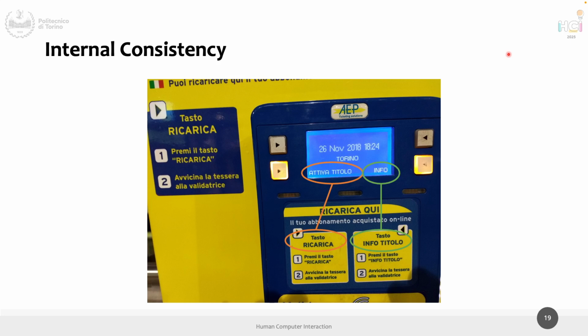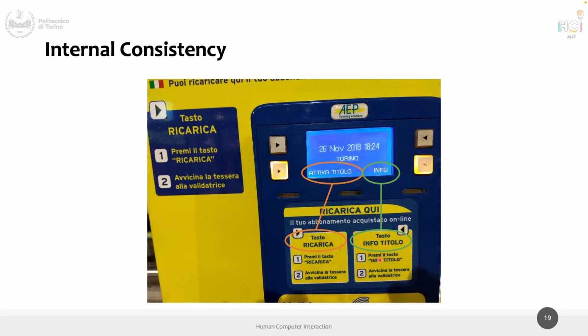Because there's written "attiva titolo" under that. Yes, the instruction says to look for the button that says "ricarica", and then press it, and then put the card close, but there is no "ricarica" button, because the button is called "attiva titolo", which is very different from "ricarica".